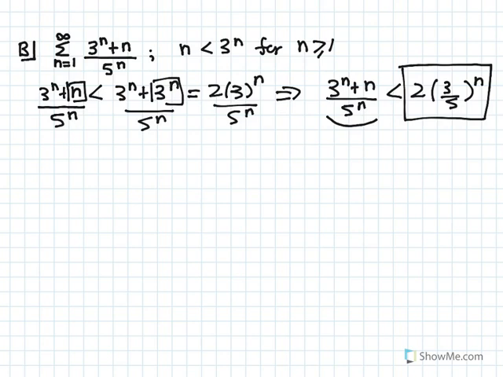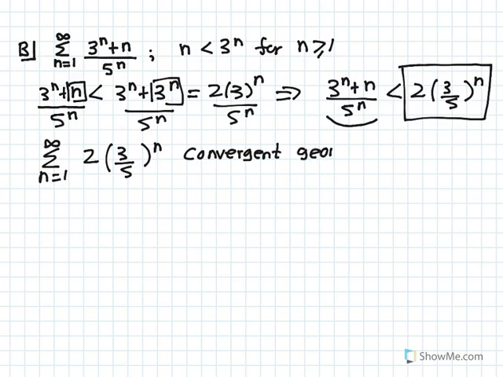Let's write that down. So summation n equals 1 to infinity, 2 times (3 divided by 5) to the power of n is a convergent geometric series with absolute value of r equal to 3 over 5, which is less than 1.